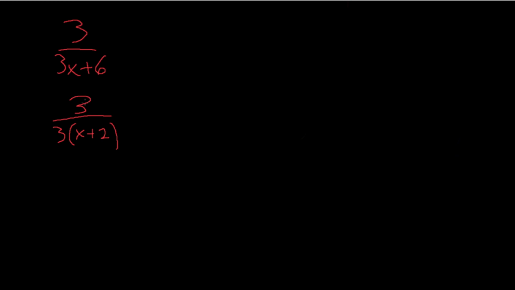Numerator, then we can just cancel those two out and they both become 1. So 1, 1. So then we're left with 1 over 1 times x plus 2, which is just x plus 2. So there we go. We've simplified 3x over 3x plus 6 down to 1 over x plus 2.